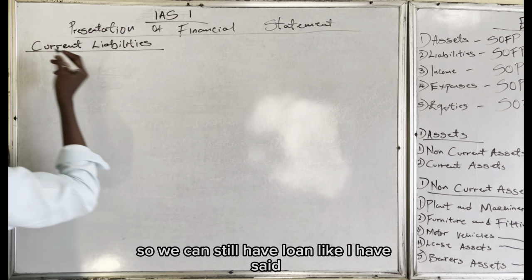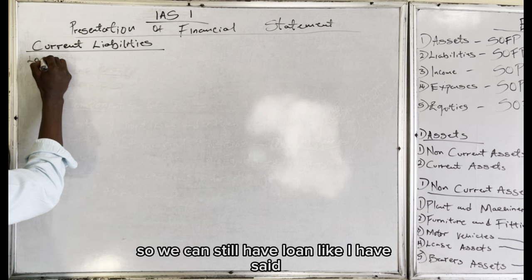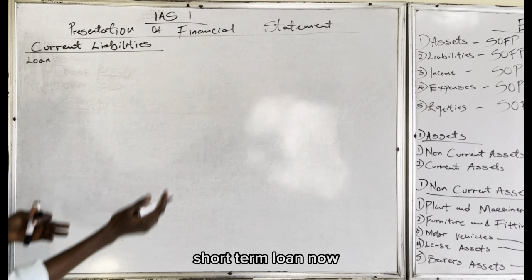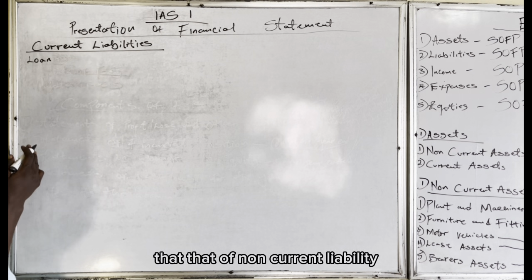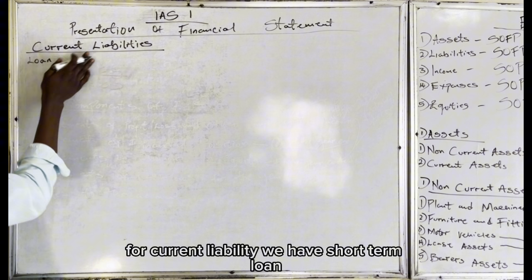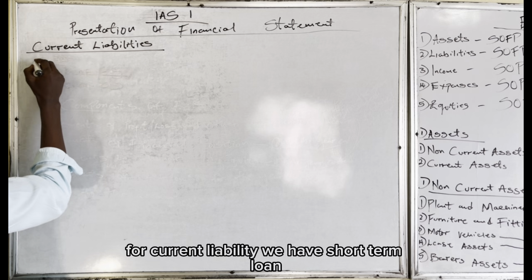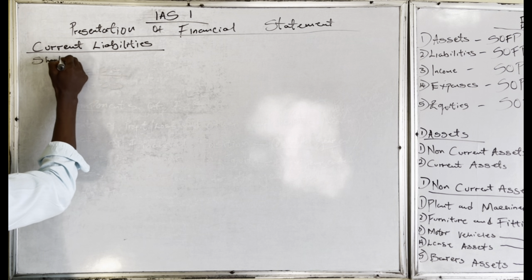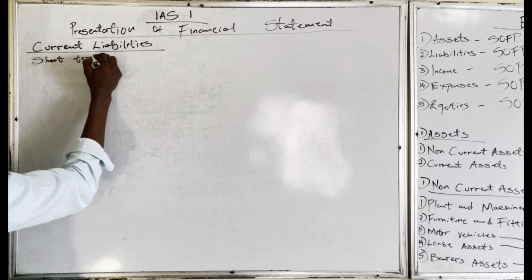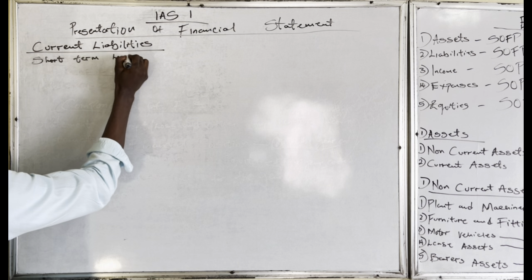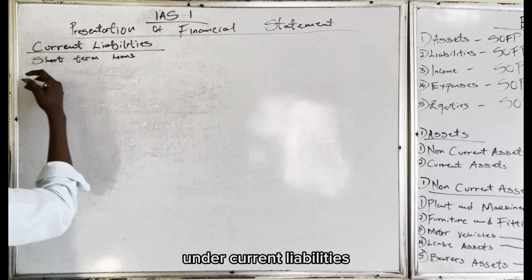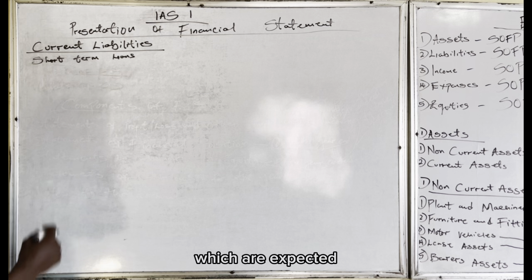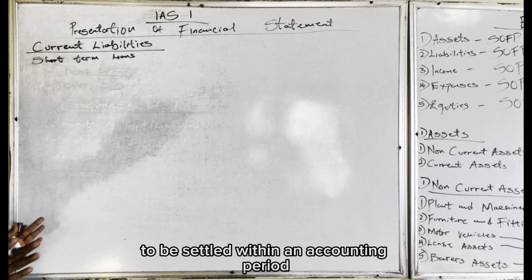So we can still have loan, like I have said, short-term loan now, just like that was long-term loan, that of non-current liability. For current liability, we'll have short-term loan. Then there are some peculiar things under current liabilities, which are expected to be settled within an accounting period.